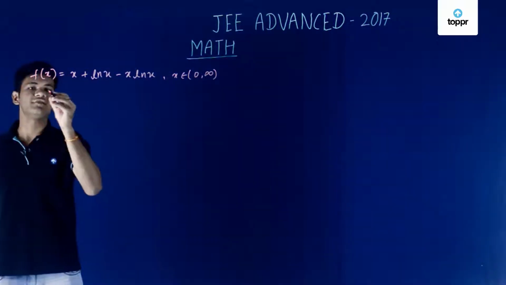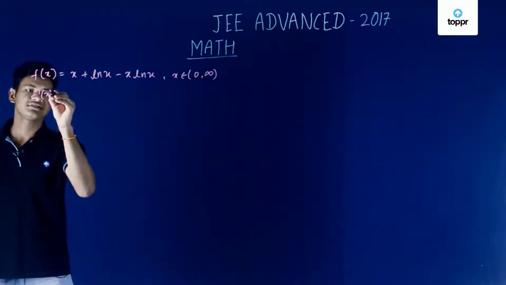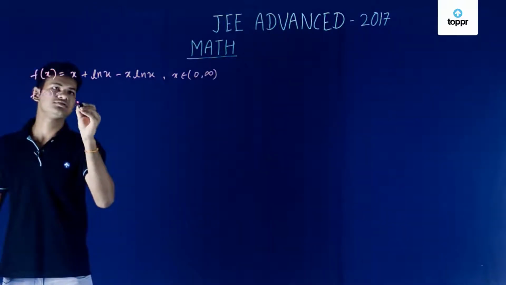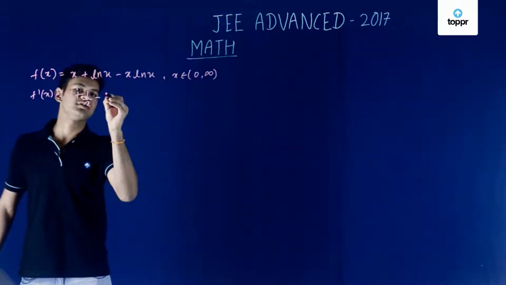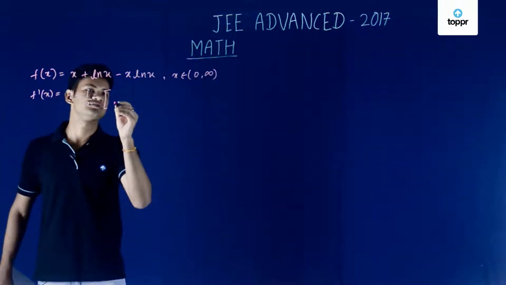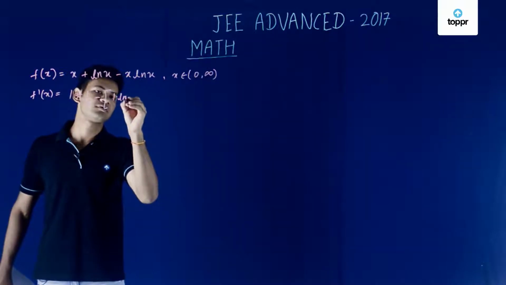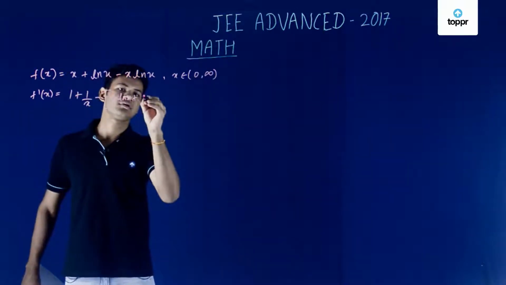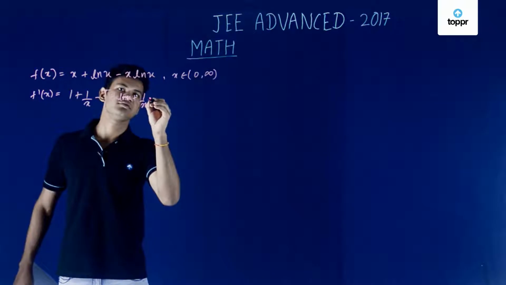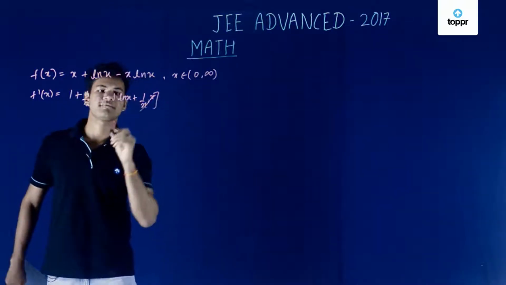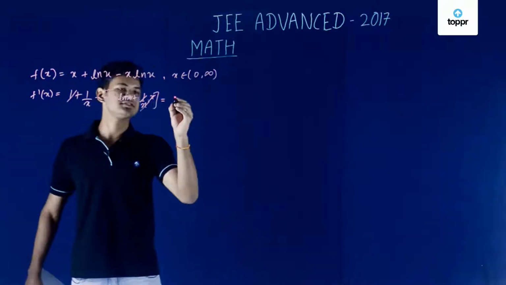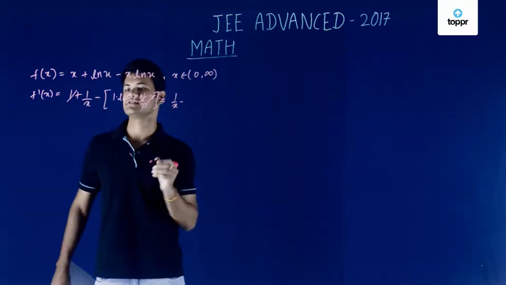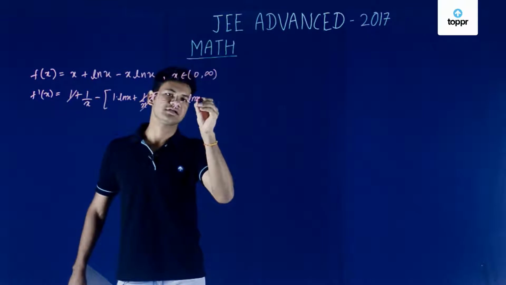Now let us calculate f dash x because we'll need it to analyze each of the columns, so it is better to calculate it first. Using the chain rule, 1 upon x into x. So f dash x is 1 upon x minus ln x.